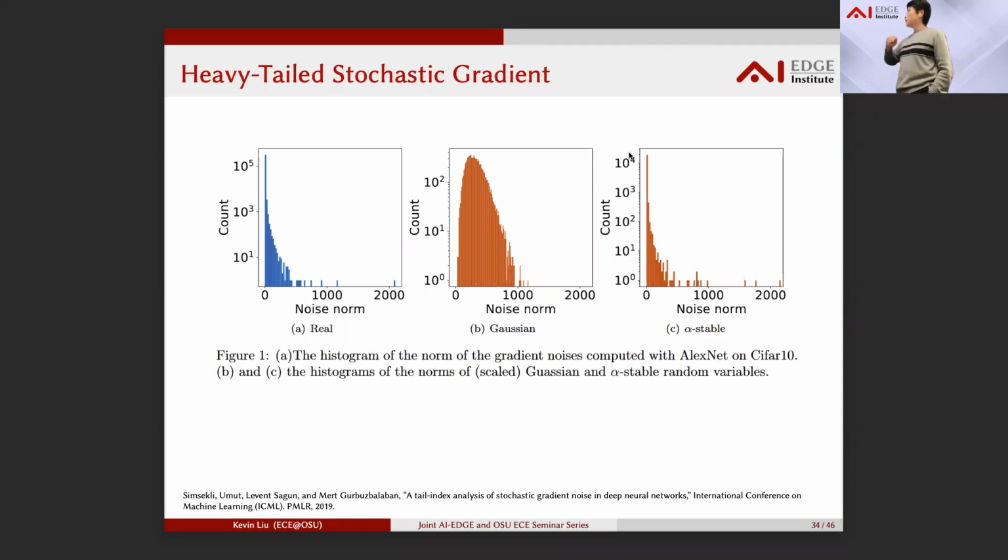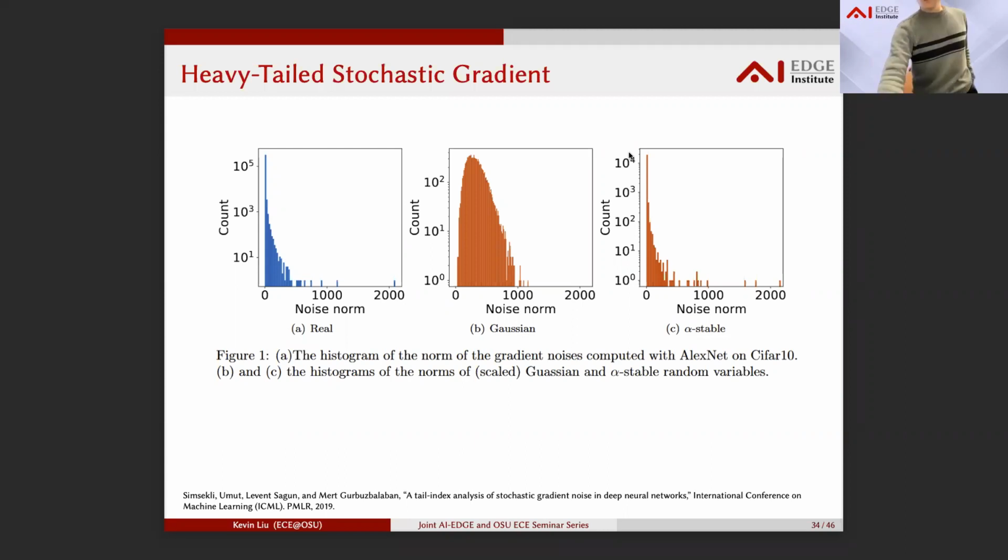However, if you really do some histogram and compare this Gaussian noise with this alpha stable heavy tail random distribution, you can see that the noise in stochastic gradient, this is for RLXN on CIFAR-10, actually looks much closer to heavy tail rather than light tail.